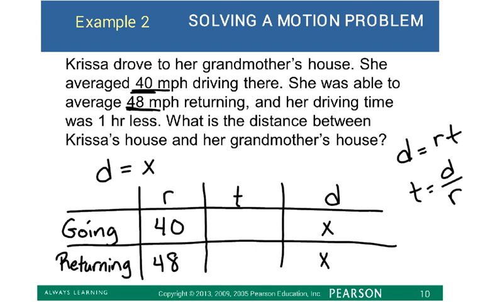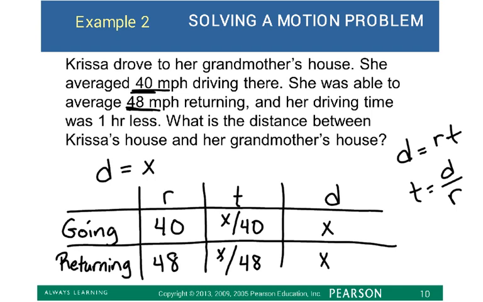So t in this place, we're going to say it is equal to our distance x over our rate, which is 40. Same thing for the returning spot here: distance x and rate 48. Okay, so I like using a table. It makes things a little bit more clear on what you're trying to figure out.